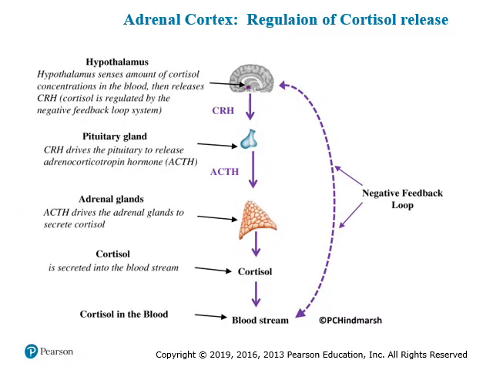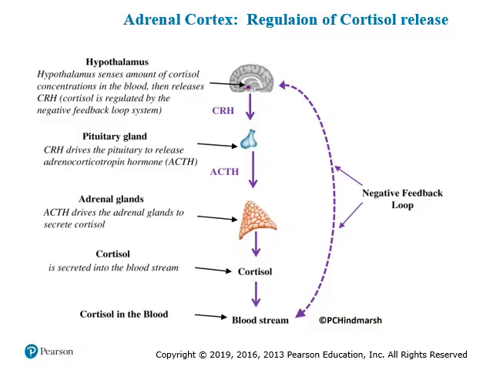So how is your cortisol released? Well, again, this is just going to be a review of what we have discussed already in part one. Your hypothalamus will sense the amount of cortisol concentration in the blood. Then, under a sense of maybe stress, it would release the corticotropin-releasing hormone, and is regulated via a negative feedback loop.